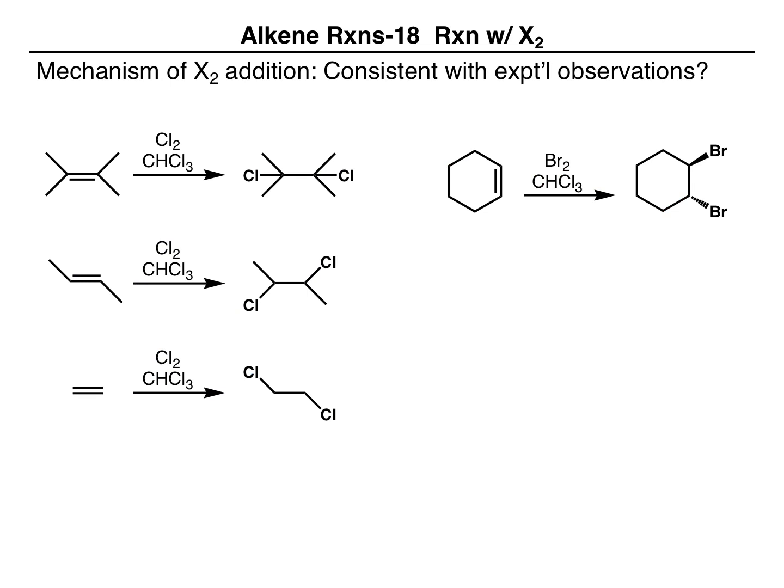Now, is this proposed mechanism consistent with experimental observations? So one of the things that we saw is that a more substituted alkene reacts faster than less substituted alkenes. So the more electron-rich alkenes react faster. This makes sense because the more electron-rich the alkene, the better able it is to share electrons with an electrophile.